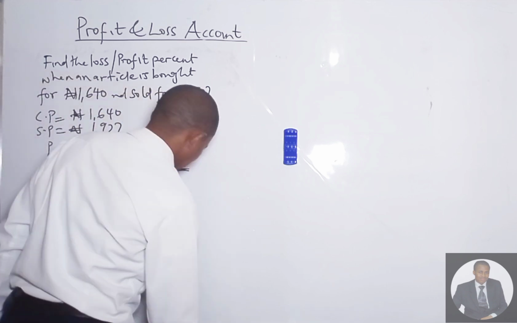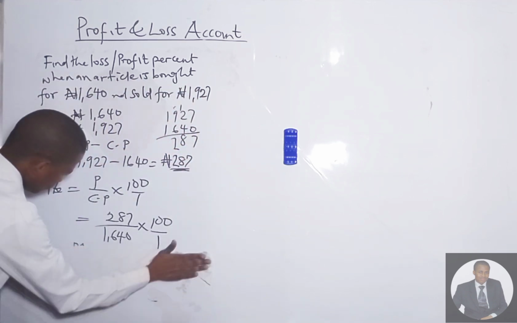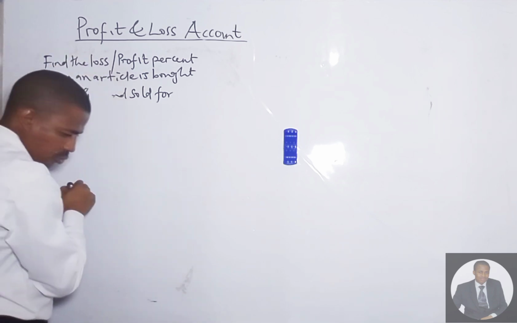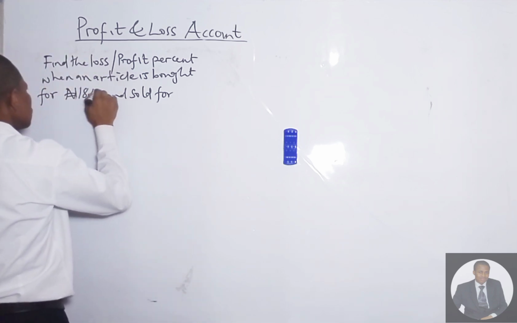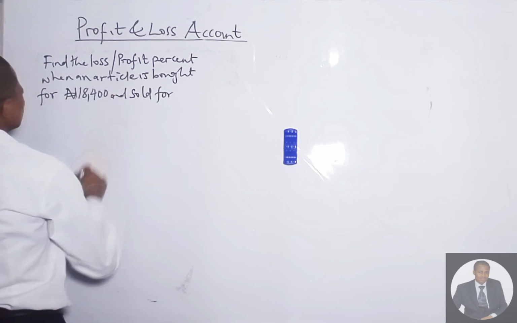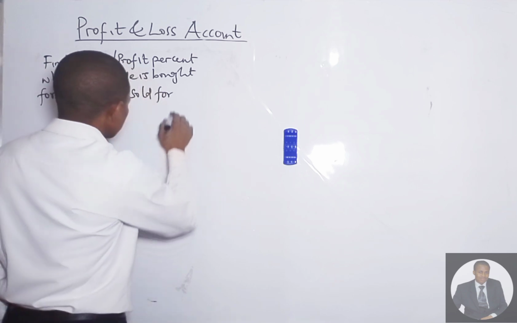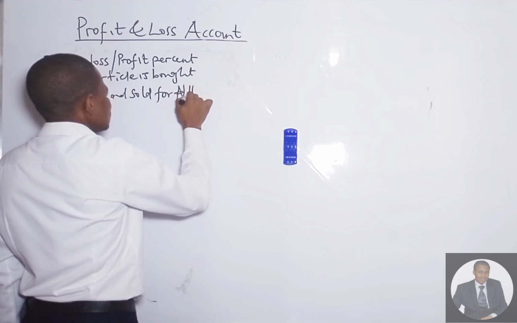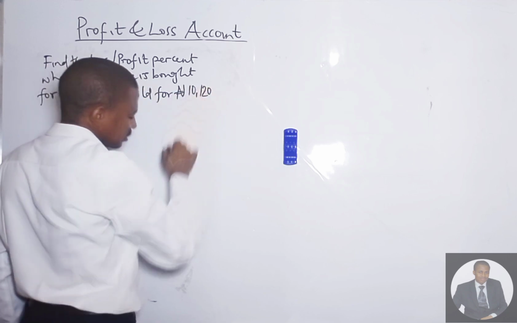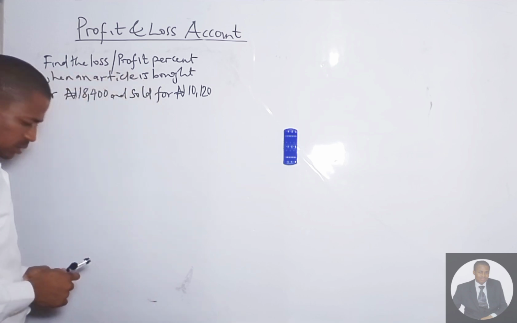So the gain was 287 naira. Next, when an article is bought for 18,400 and sold for 10,120.